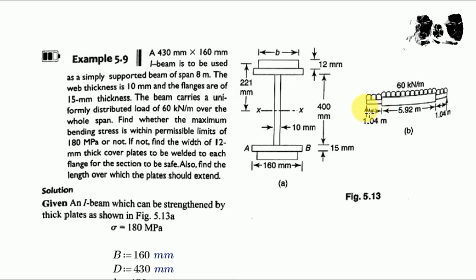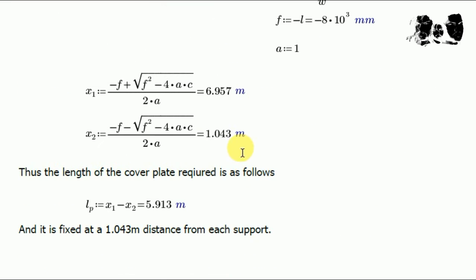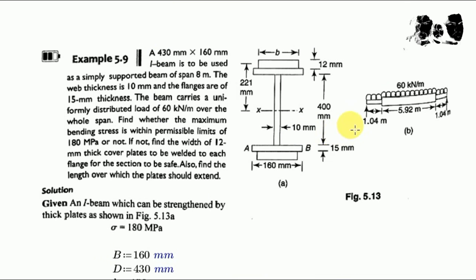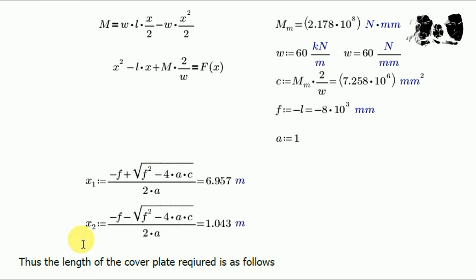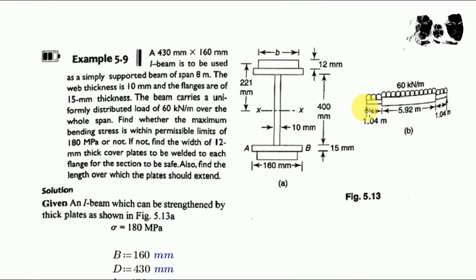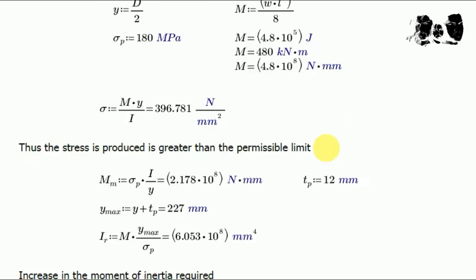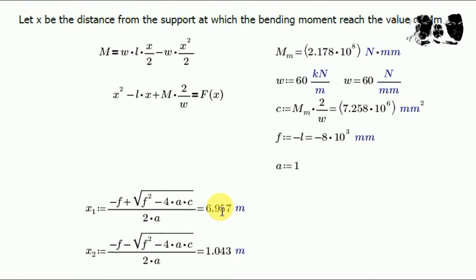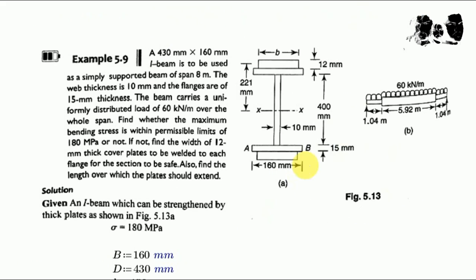So 1.043 meter. So we need the length of the plates from near where the maximum moment occurred up to the next location where the maximum moment occurred, because we have two values of x, which are 1.043 and 6.957 meter from this support.